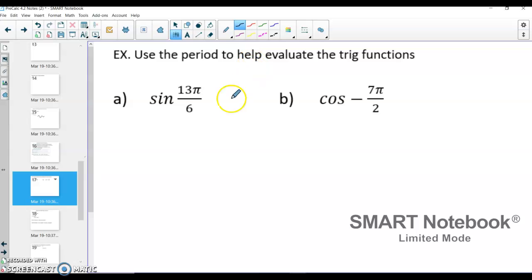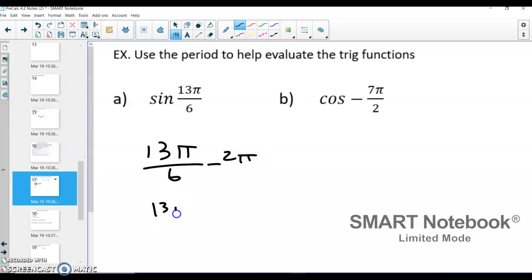Here we can use that to help us solve functions, because the sine of 13 pi over 6 could be a little more difficult, but what if we hop back a period and see what it is? I'm going to take 13 pi over 6 and subtract 2 pi to make it more manageable.